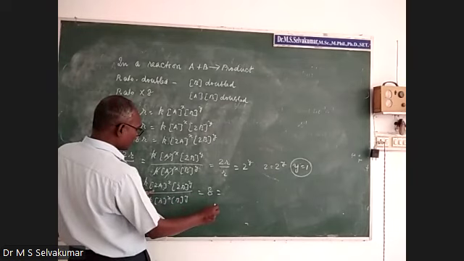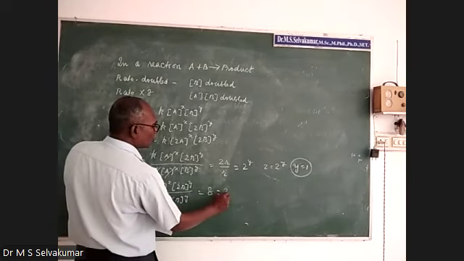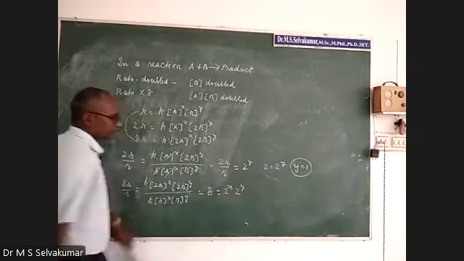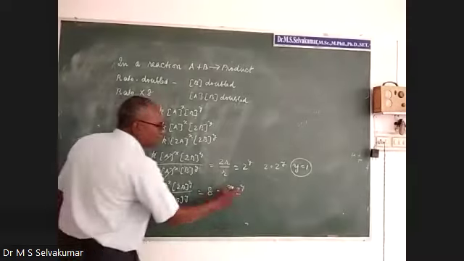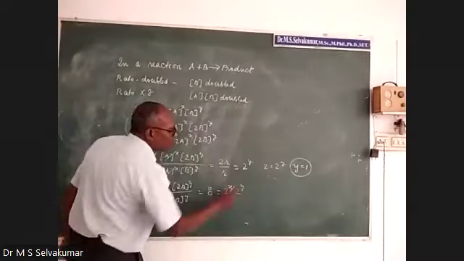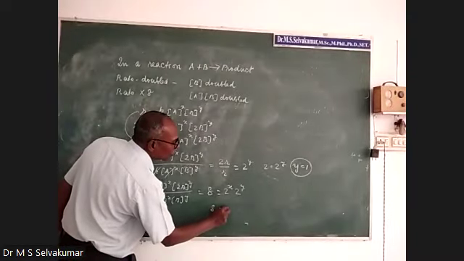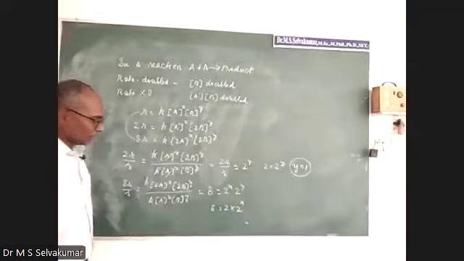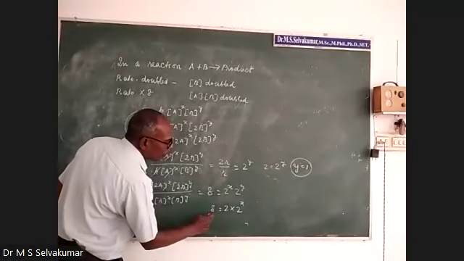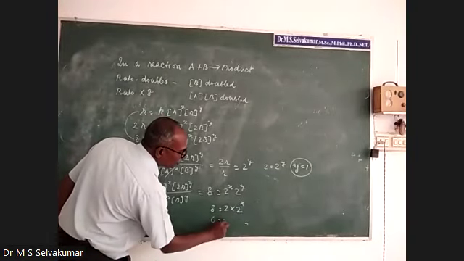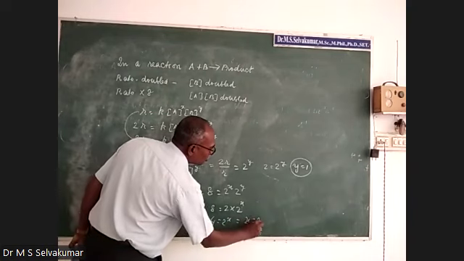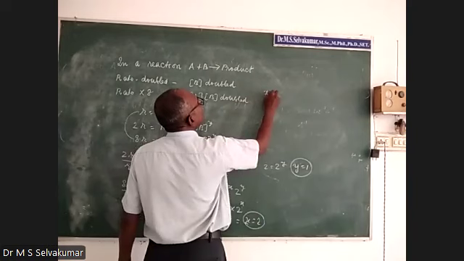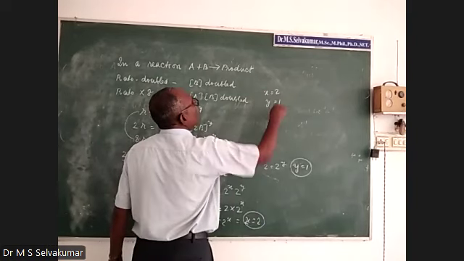What remains is 2 power X and 2 power Y. Y we have already found out, it is 1. Therefore, 8 is equal to 2 into 2 power X. So if you bring this 2 down, it is 4 is equal to 2 power X. Therefore, X has to be 2.